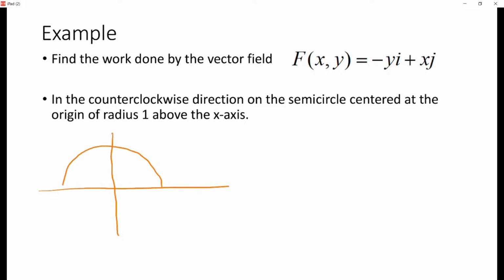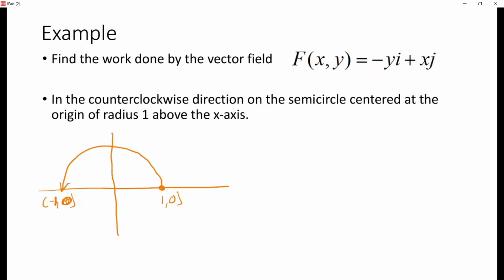I think this is what I'm going to have. From 1, 0, over to negative 1, 0. Whoops. Yeah, good enough. So this is a circle.